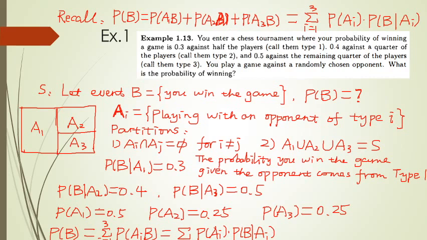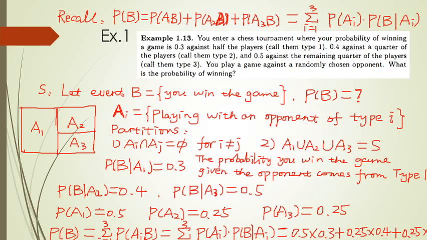So this example is much more straightforward for forming the framework of the total probability theory. It will be P(A1) 0.5 times the conditional probability, the first one 0.3, plus P(A2) times the conditional probability 0.4, plus the third P(A3) times the conditional probability 0.5.